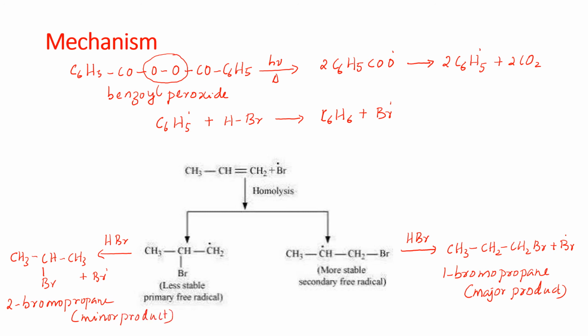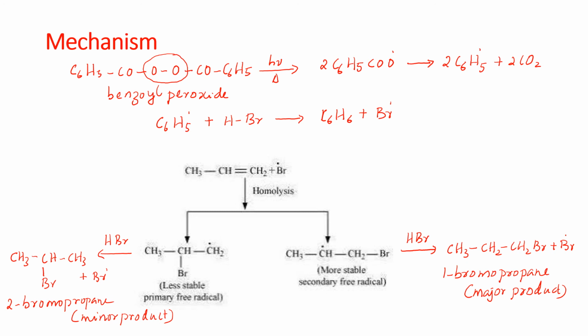So peroxide effect can be explained based on the mechanism. Here it is free radical addition. First step is formation of the free radical. Here if you start with benzoyl peroxide, the free radical formed is phenyl radical, and the phenyl radical abstracts a proton, so a hydrogen radical from HBr. We get bromine radical. So bromine radical adds to propene.